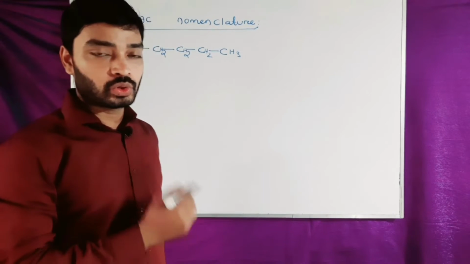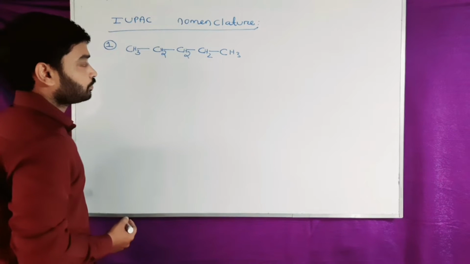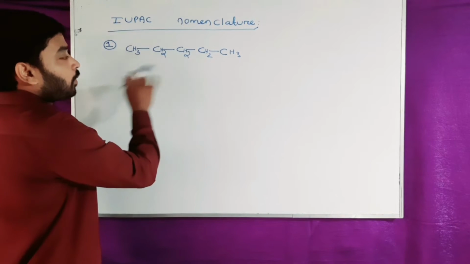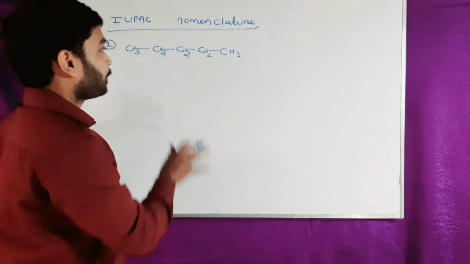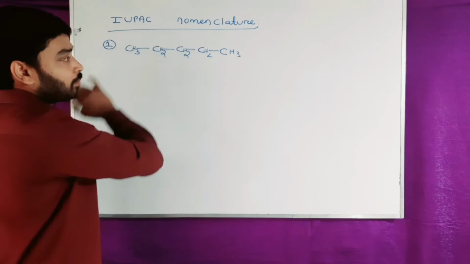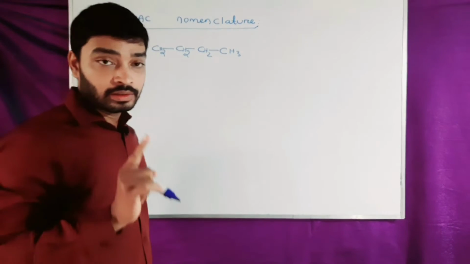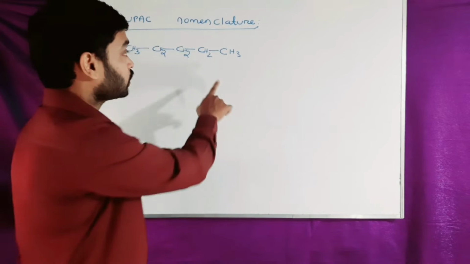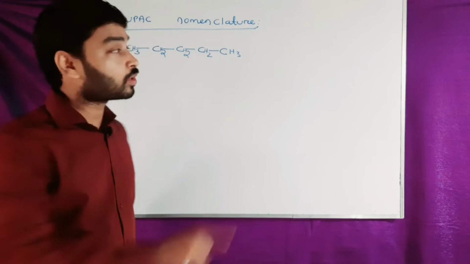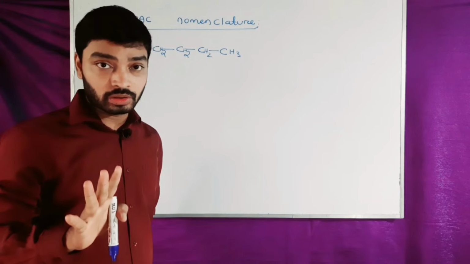So you know that in the given question, the compound contains 5 carbons bonded directly to each other, and before going for the nomenclature, you should mark whether the organic compound which is given for nomenclature either contains a functional group or not.